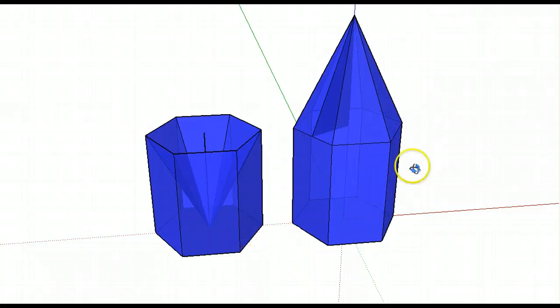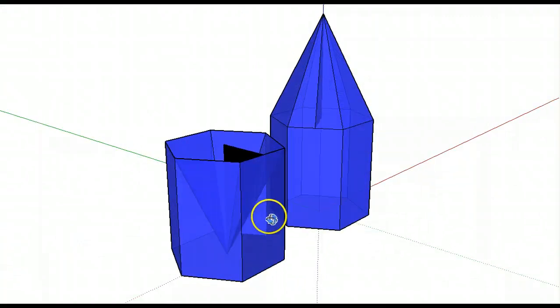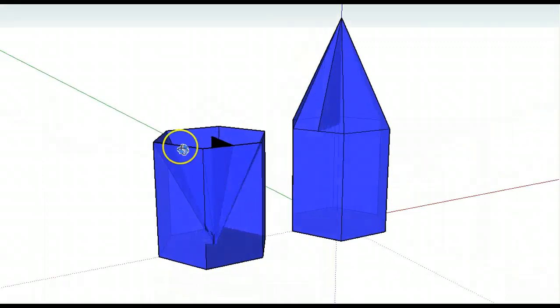To figure out this volume, I'm going to want to take the volume of my prism and add the volume of my pyramid. Whereas this solid, in order to figure out how much volume this solid is between this pyramid and this prism, I want to take the volume of my prism and subtract the volume of my pyramid.